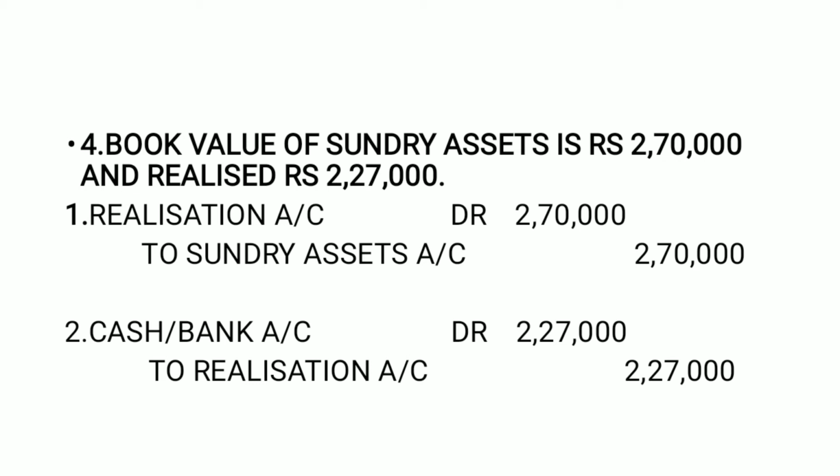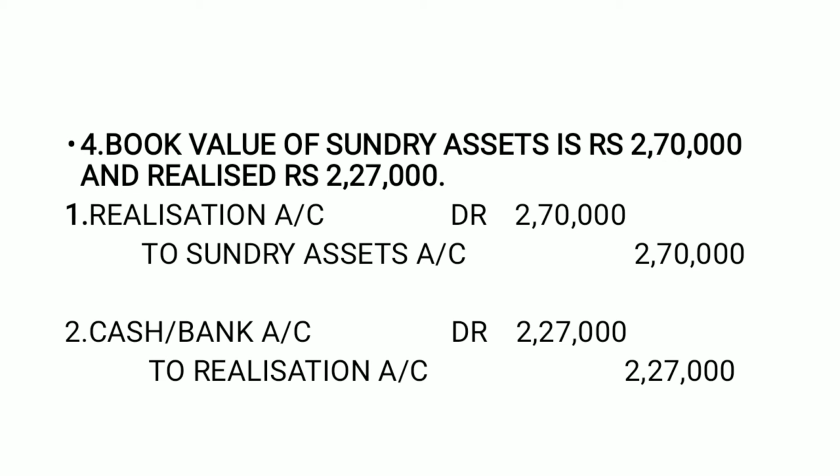The book value of the asset is 2,70,000, and the realizable value, it says, is 2,27,000. Definitely the two journal entries you are supposed to write here: one for closing down an asset and the other for its realization.